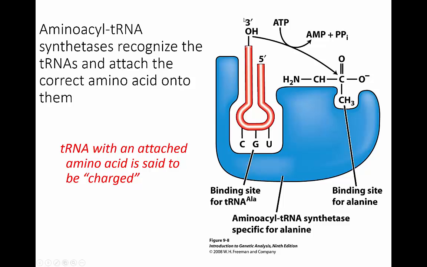That amino acid will be bound onto the 3' end of that transfer RNA, and there is a whole class of proteins which are called aminoacyl tRNA synthetases, which are the proteins that will put the correct amino acid on each of those transfer RNAs. When we have that transfer RNA with the amino acid, we call that a charged transfer RNA.